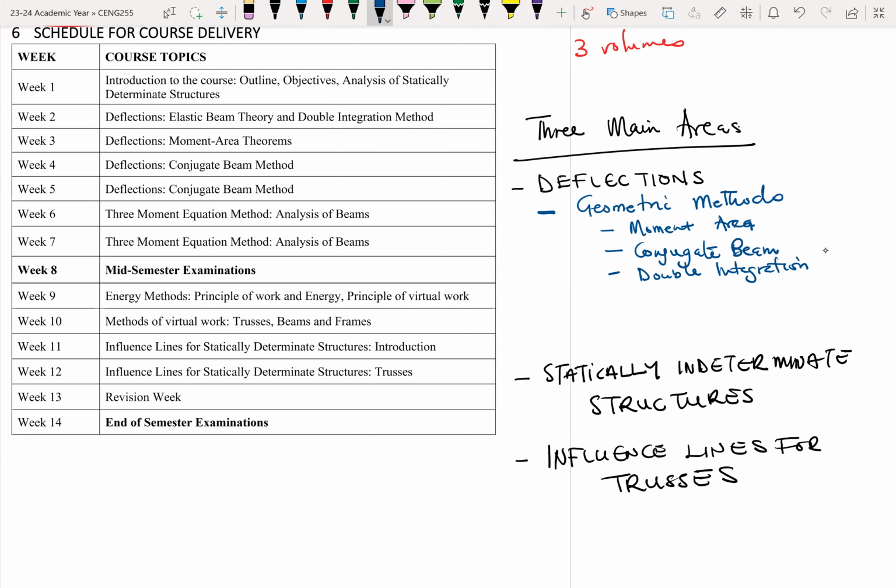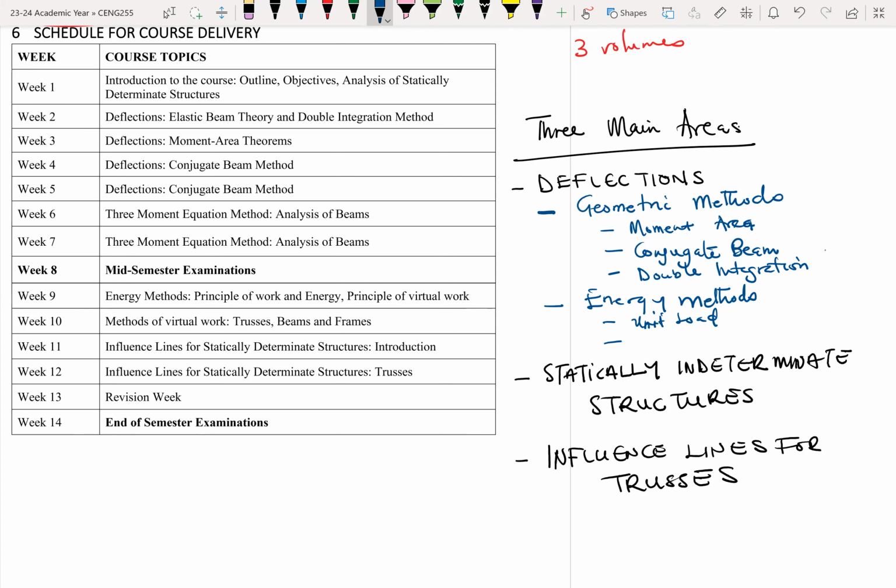Okay. Then we have what we call, what was the name? The energy method. So in the energy method, we have the unit load method, or the method of virtual work.